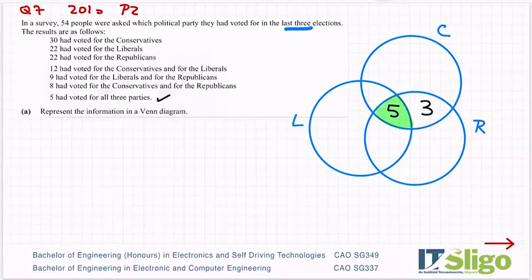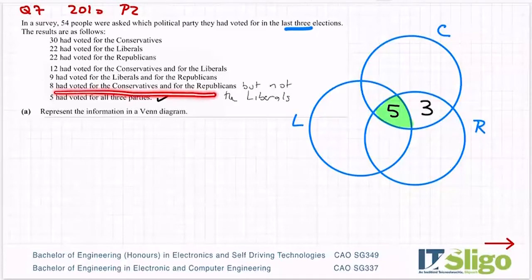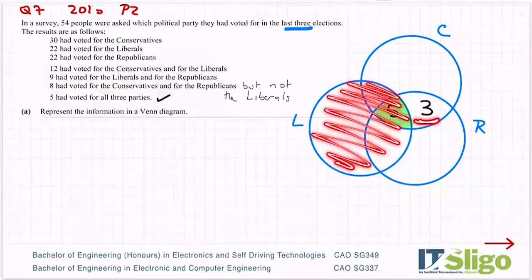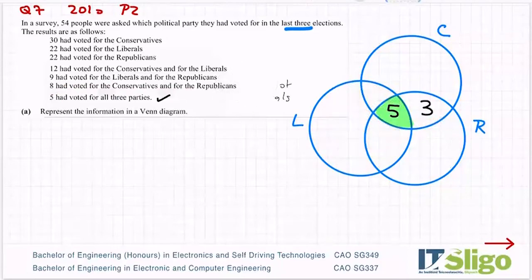The only time you would put 8 in here and not subtract the 5 is if it said, but not the Liberals. Then it's telling you that 8 voted for the Conservatives and the Republicans, but did not vote for the Liberals. And in that case, the full 8 would go in here. But that's not the case in this question, so we have to subtract off the 5.